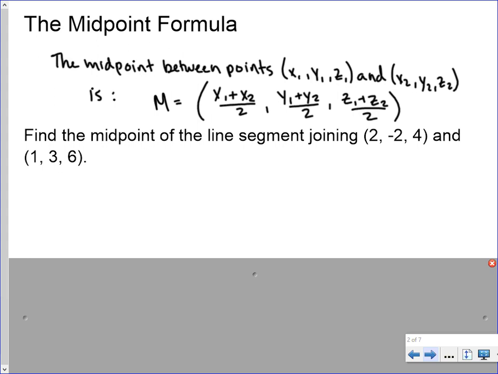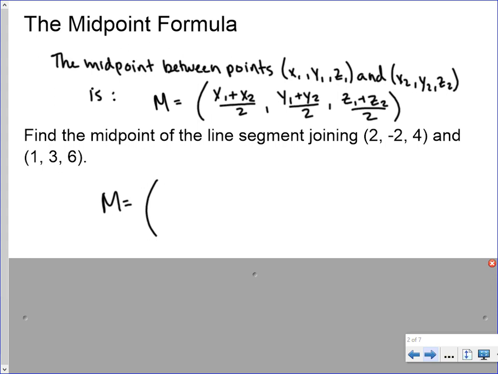We're going to find the midpoint joining the line segment with endpoints 2, negative 2, 4, and 1, 3, 6. I am going to show my work so that if I look back at my notes, I can see what I was doing.